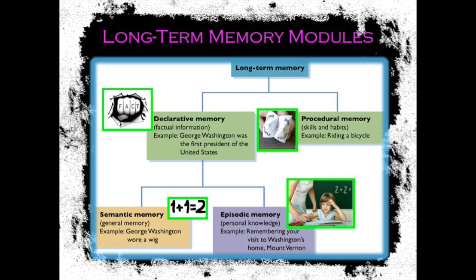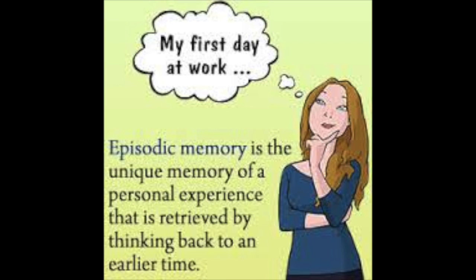Information that anyone could just Google and find out, but instead you have memorized, is semantic memory. And then there is episodic memory. And episodic memory are memories about events in your life. So they're unique to your own individual personal experiences that you've had throughout life. And episodic memory is what allows us to remember things that have happened a really long time ago.